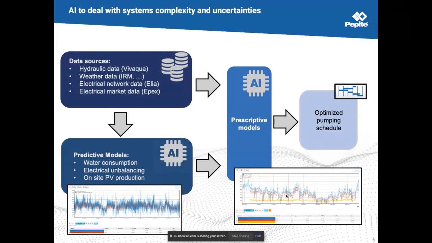But predicting is not enough. You need to optimize your decision as well. Optimizing the decision in a water system basically means changing the schedule of the pumping of the water from the water wells, or even the production of water coming from rivers, right? Because they have plants that produce drinkable water by pumping water from the river.